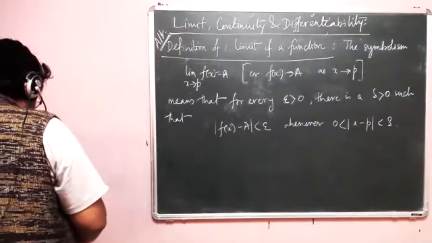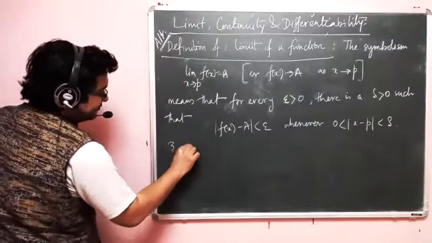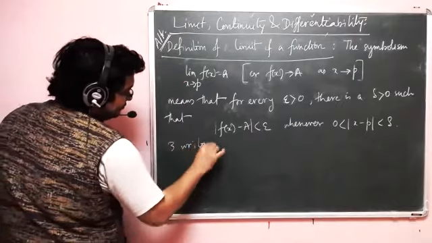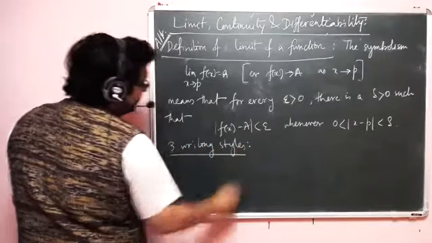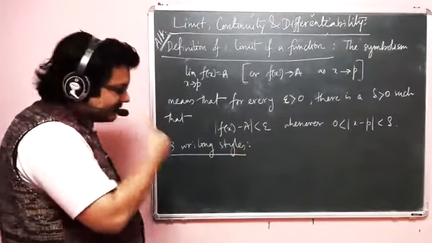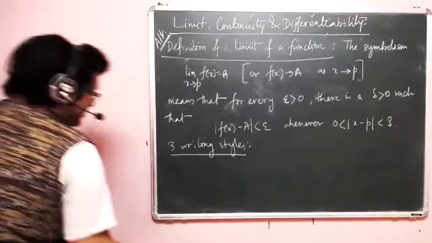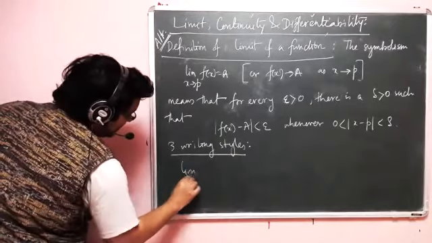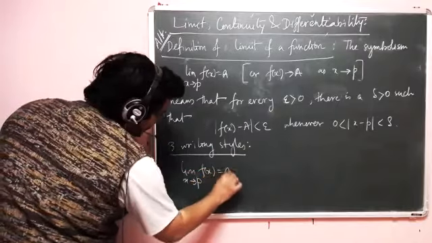So, three writing styles. Why? Because sometimes expressing the given problem in a different way actually helps us think, and understanding that we are writing the same thing gives us a better understanding. We started with the symbolism limit x tends to p f(x) equal to a.